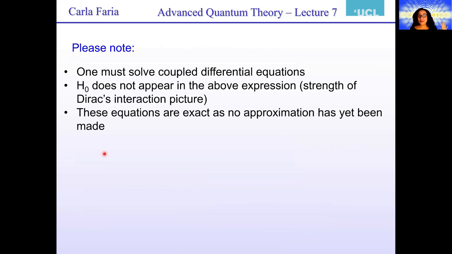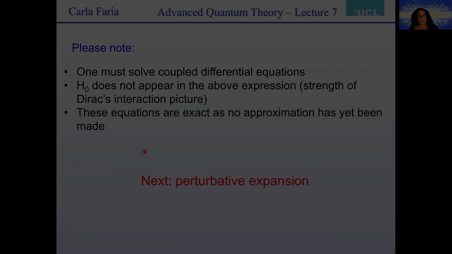And so far, we have not performed any approximation. So these equations, they are still exact. We have just used some expansion of the time-dependent state vector in an eigenstate basis of H naught. We have not expanded anything. We have not approximated anything. So far, these coupled equations are exact, but to be able to solve them, you're going to have to do some approximations. So next, we're going to see perturbative expansion.